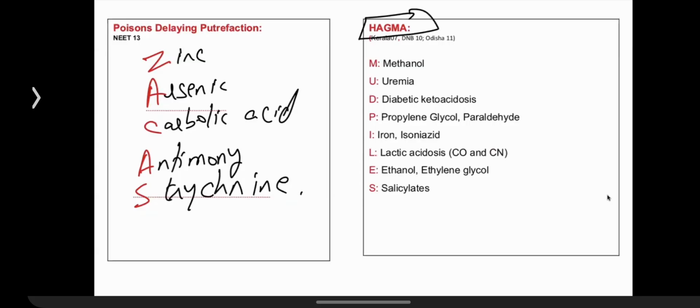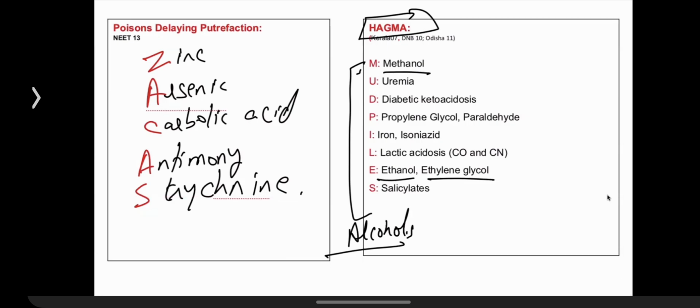High anion gap metabolic acidosis, MUDPILES. There are few poisons which cause high anion gap metabolic acidosis. These are basically alcohols, like ethanol, ethylene glycol, methanol, propylene glycol, different alcohols.